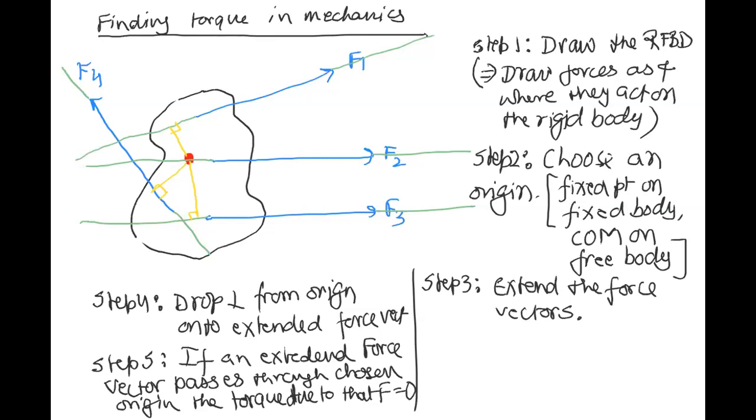Whatever object is in the vicinity of your system will apply a force on your system, and this force will cause a torque if your system is an extended object, if your system has dimensions. However, an extended force, if it passes through the origin that you have chosen, is incapable of providing a torque. The torque due to that force will be equal to 0.